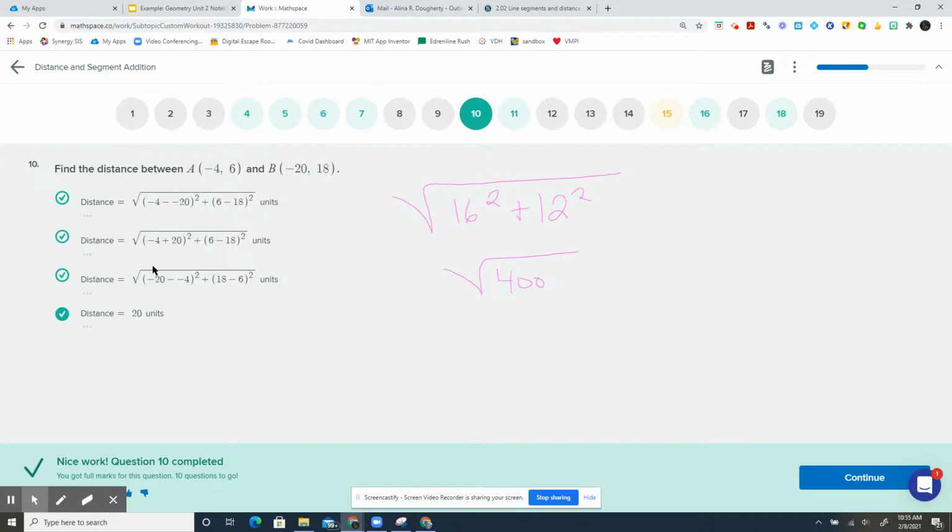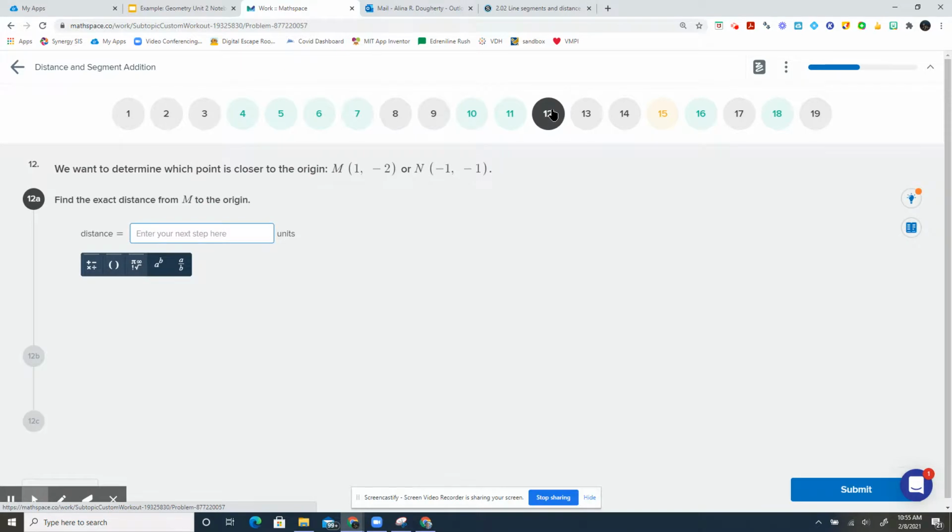So it's just asking you the distance, the literal distance. So let's do our last 3 examples here. Find the exact distance. We want to determine which point is closer to the origin. So ladies and gentlemen, this is where I would open Desmos up, and you can graph M at 1, -2.